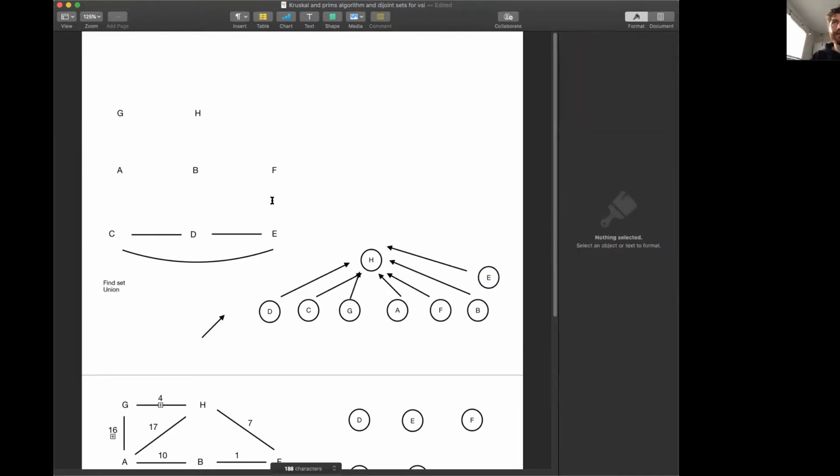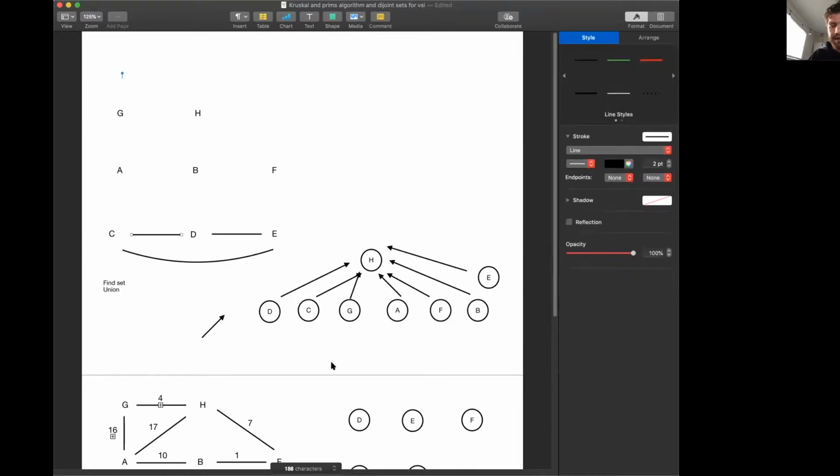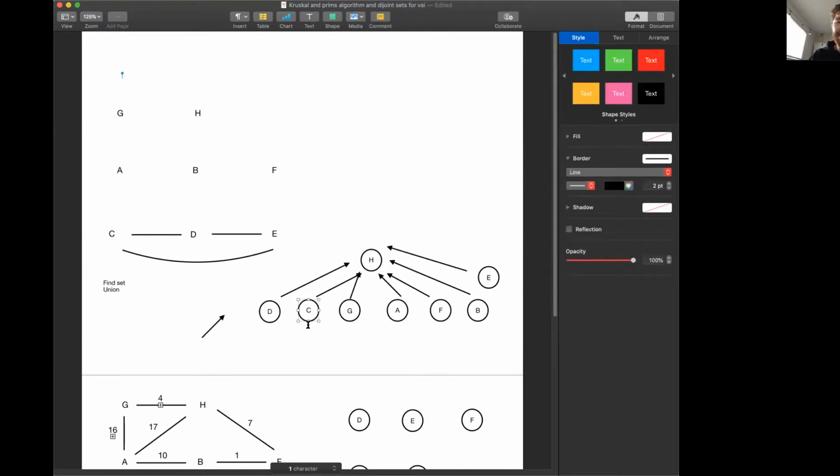So I can look at the graph and I go, oh, processing the rest of the edges won't run union at all because everything is in the same set. So if I took C and D, calling find set on C will give me H, calling find set on D will give me H. They're in the same disjoint set.